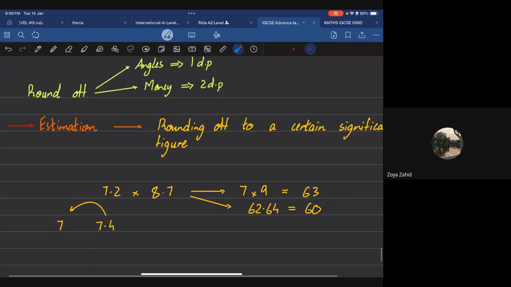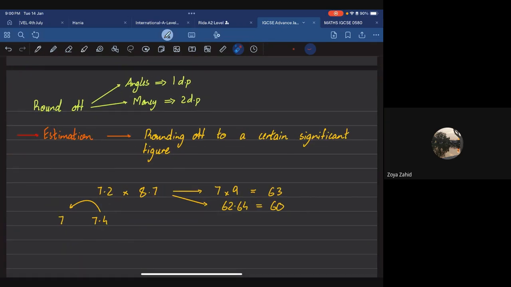Okay, so another question. If I have 7.25 now, and if I estimate it to 7.3, but another option I have is to estimate it to 7, which one will be right? That depends on the question as well.